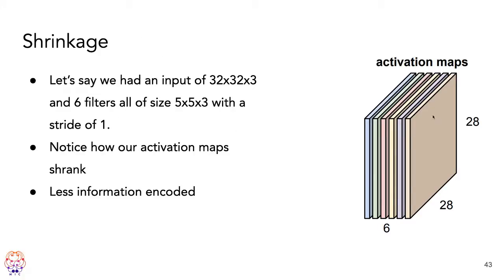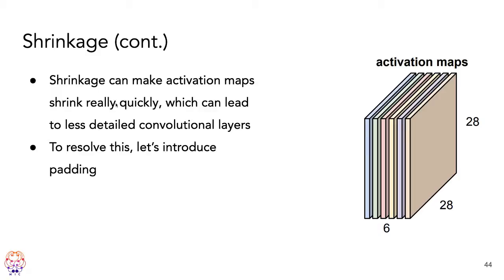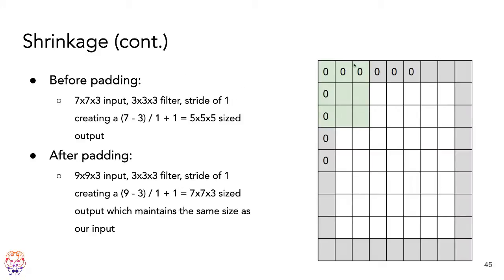Padding is basically just appending zeros onto a border of an image. Imagine this is our image, and this is a black line. We add that black line around it just to fit the dimensions, so that when we make the activation map, it has the same dimensions.